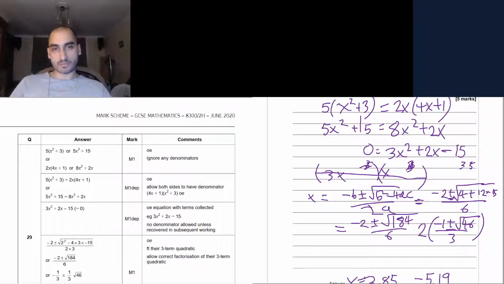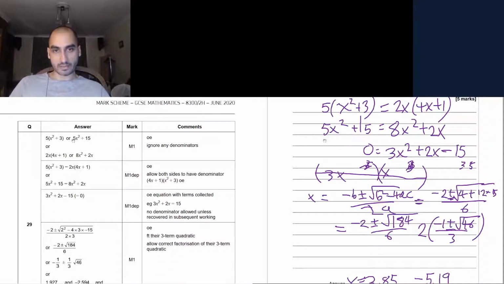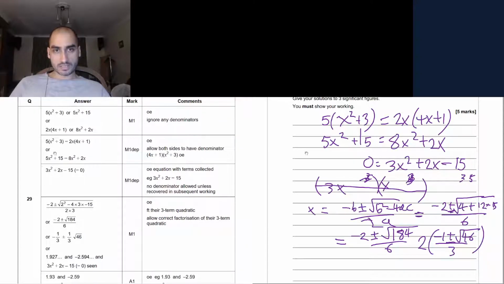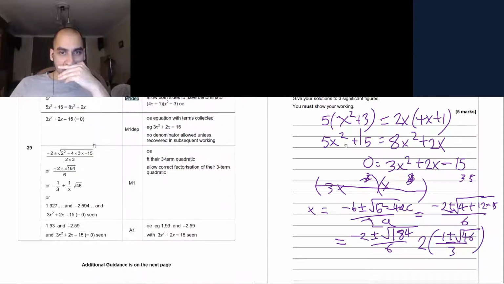Alright, let's read through these one by one. The first one, did I hit that? M1? Yes. Yeah, I wrote exactly that. Okay, expanded. So I got M1. Did I get M... Is this another separate mark, or... 1, 2, 3, 4, 5.